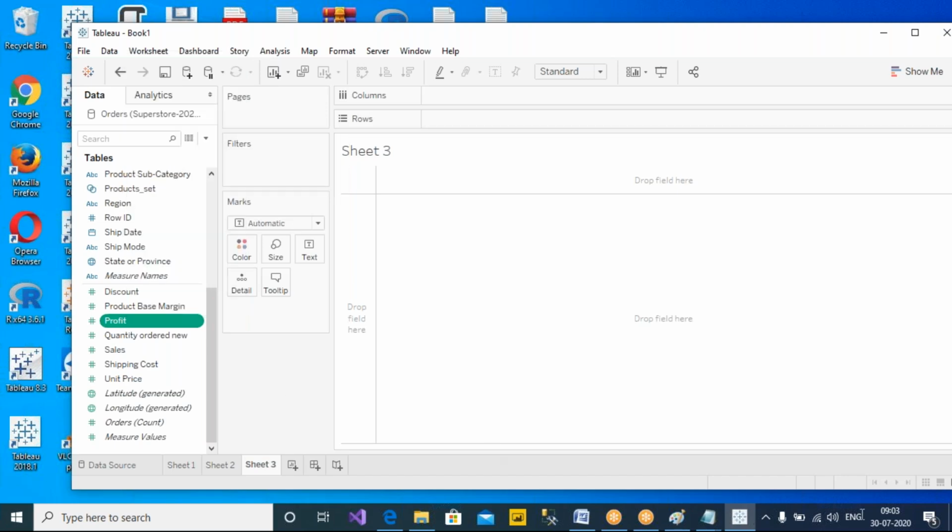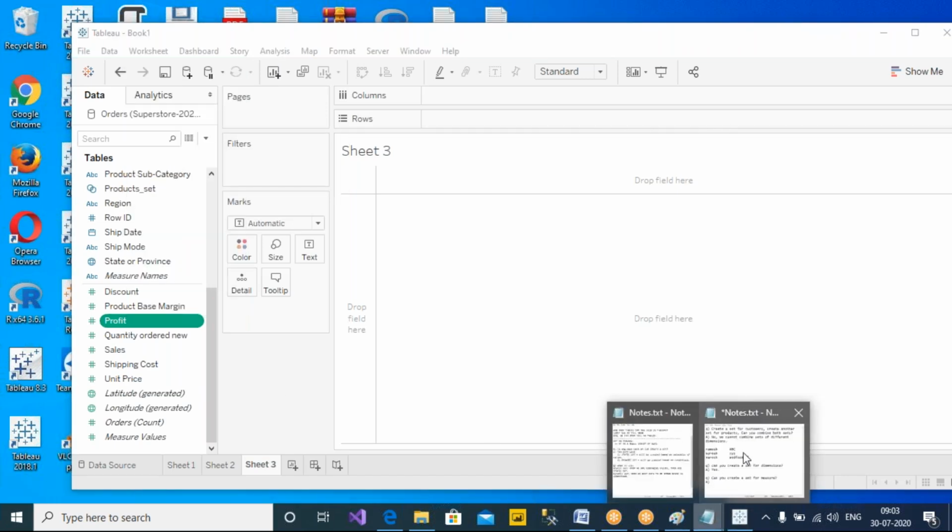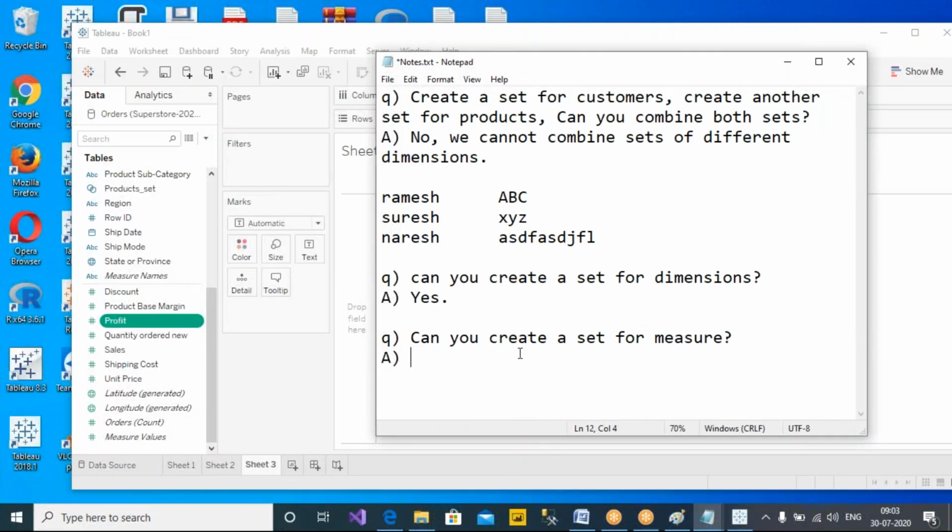So the interview answer is, can you create a set for a measure? No, it is not possible. We can only create sets for dimensions, and the result also is a dimension. If you create a set, that is also just the values which you have.